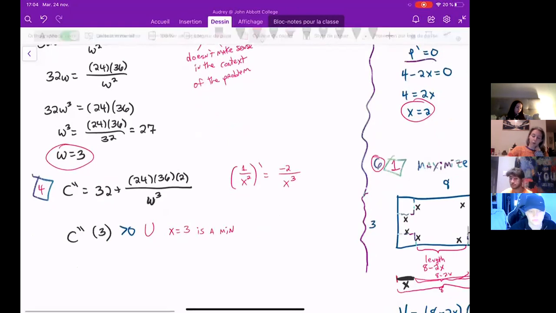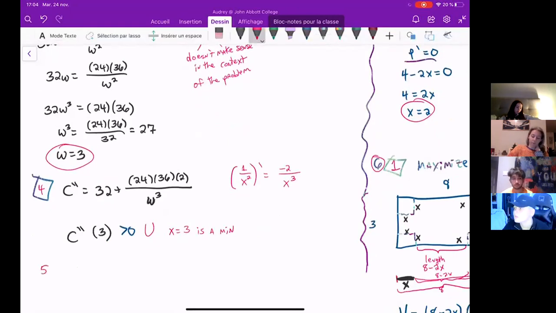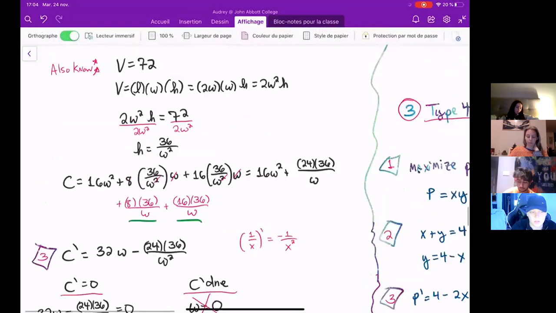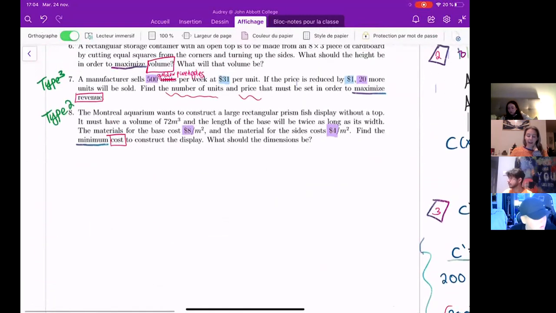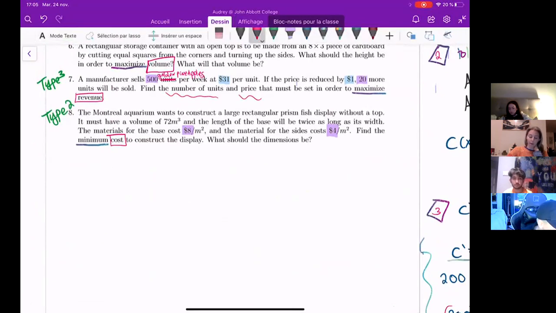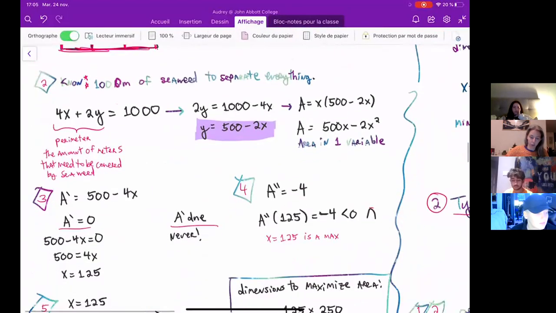So this brings us to our final step, which is now that we've found our critical value that works, we answer the question. And the question was, find the minimum cost to construct the display. So I actually want my minimum cost here. And what should the dimensions be? So I want to find cost and dimensions.